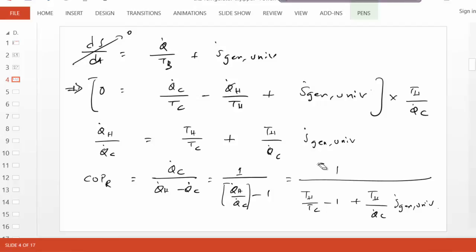Right off the bat, we know that this is greater than or equal to 0 because friction cannot be negative. Th, Q dot C, these are all positive numbers. So if there is more friction in the refrigeration system, then COP will become smaller. COP is kind of like the efficiency of the system.